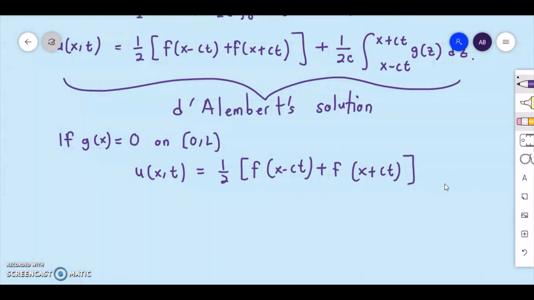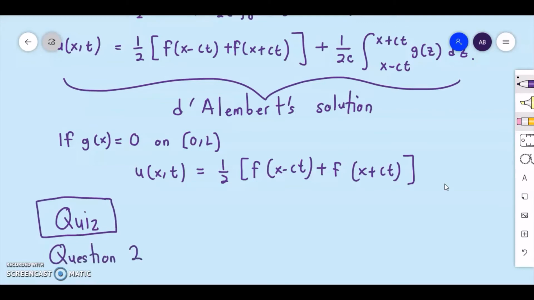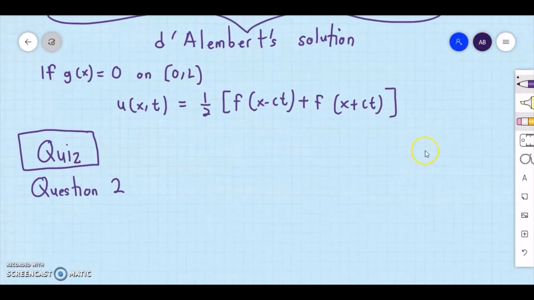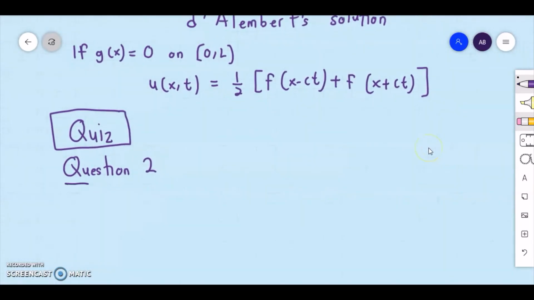Now I have my quiz for question number 2. Okay, so I want you to get ready for question 2. There are only 2 questions. So question 2 will be something like this. Solve the wave equation.